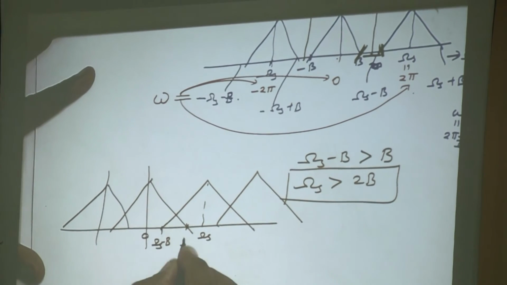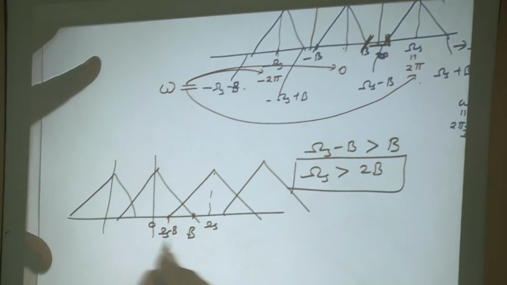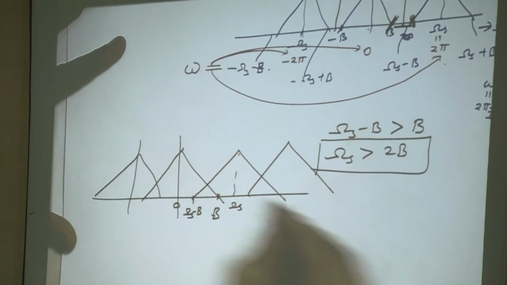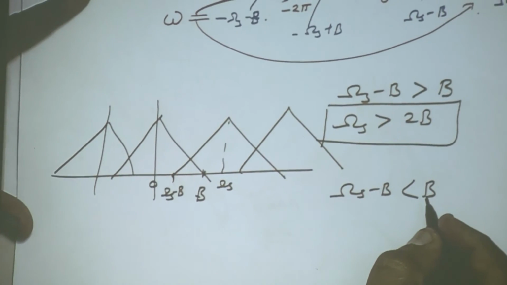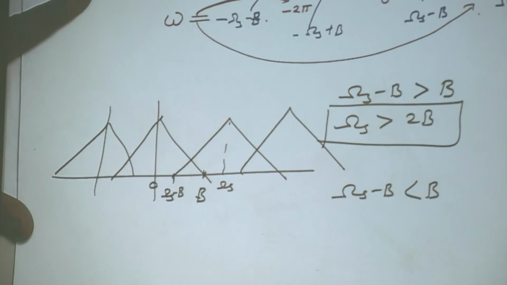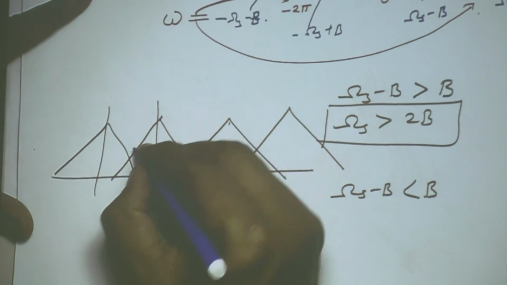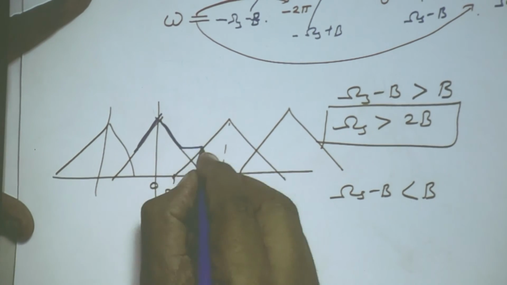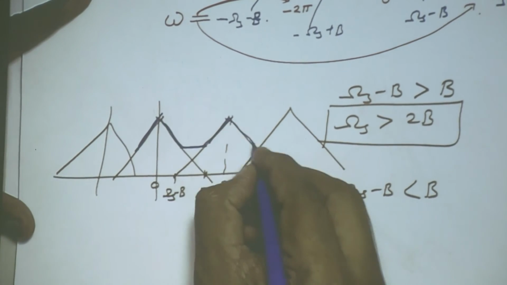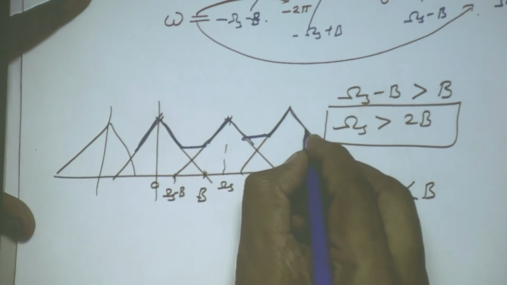This value is capital B. So this is the instance when omega s minus b is less than b. Then the actual Fourier transform looks like this. Up to this it is same, then it is constant, then it is same, constant, same, and so on.